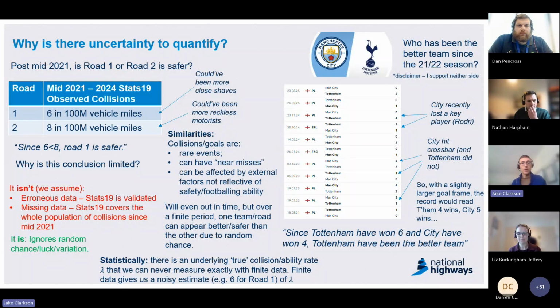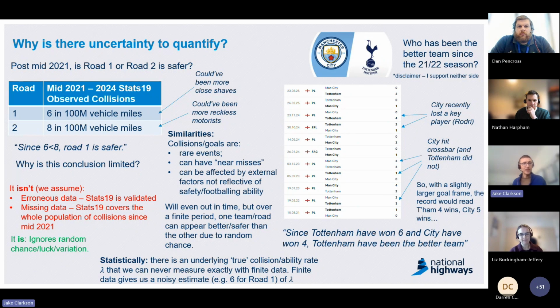We are observing the whole population of collisions on these roads. So what is it that makes the conclusion limited then? Well, it's that this simple conclusion ignores that underlying safety isn't the only thing that's influenced those collision counts of 6 and 8. Random chance, luck, variation, whatever you want to call it, has also played its part.